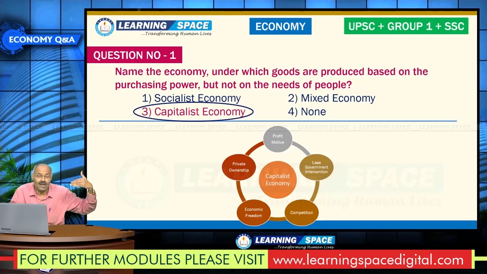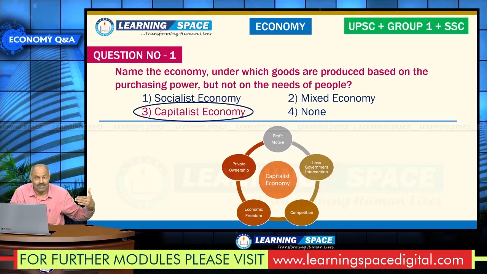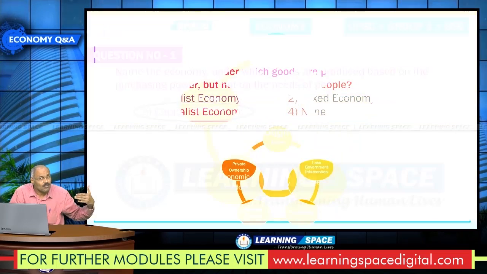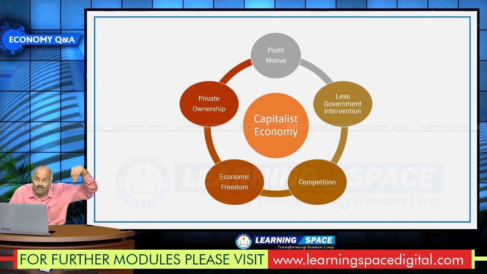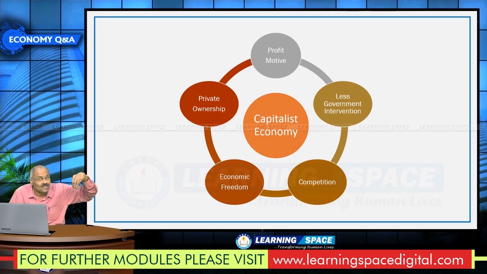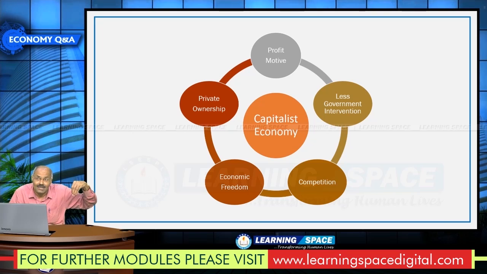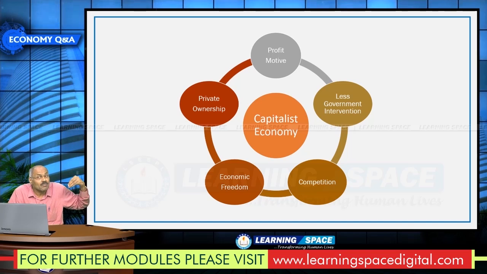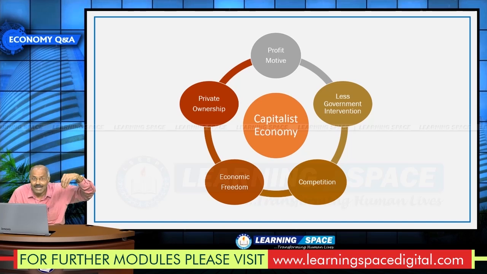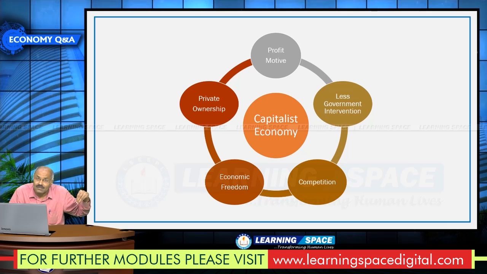And if you want the traits of capitalist economy, the sole motto is profit, then private ownership of means of production, that is the predominant trait, then less government intervention, minimum government controls, then high competition, the survival of the fittest theory will apply here, then economic freedom to do the things in their own way will be there.